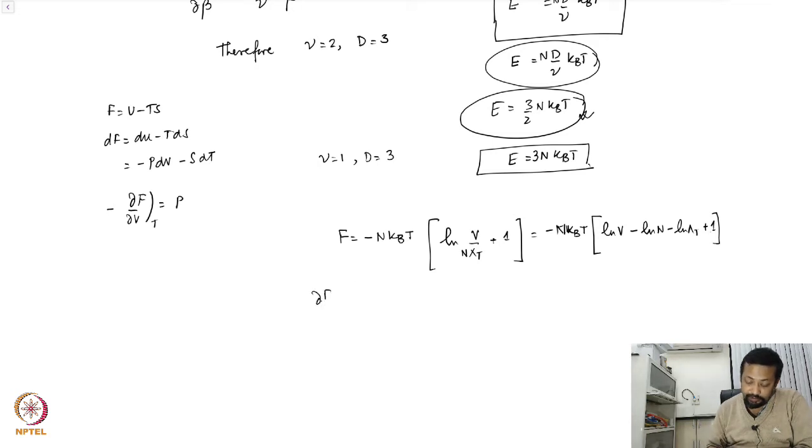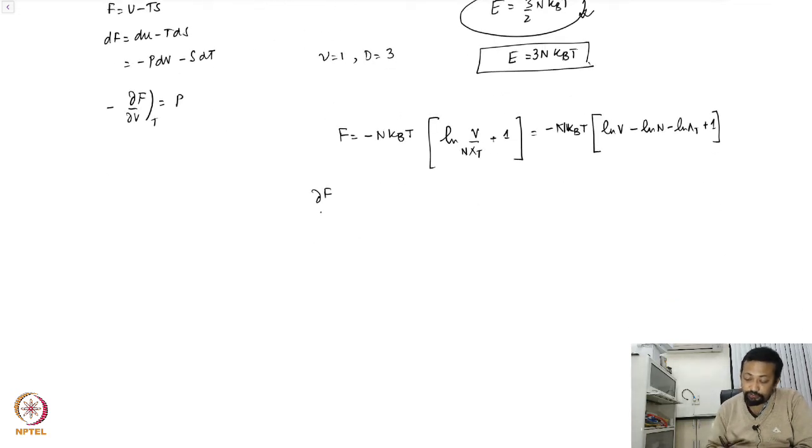If I take a derivative of the free energy with respect to the volume, these three terms will not matter. At constant temperature it is minus nkBT over V. So minus del F del V at constant temperature is just plus this, and therefore this is the pressure. So you have PV equal to nkBT.